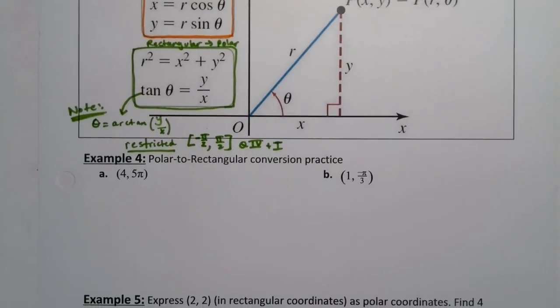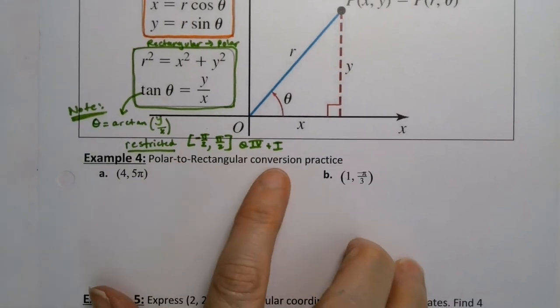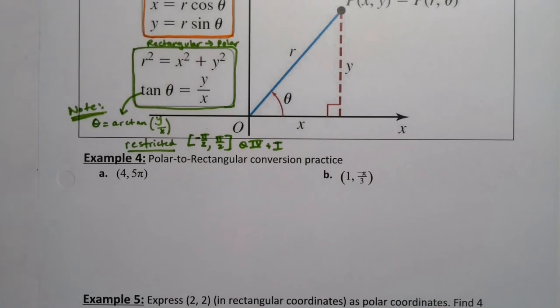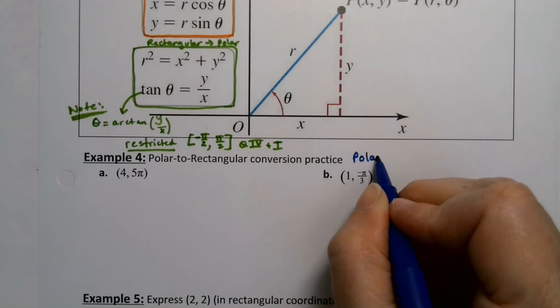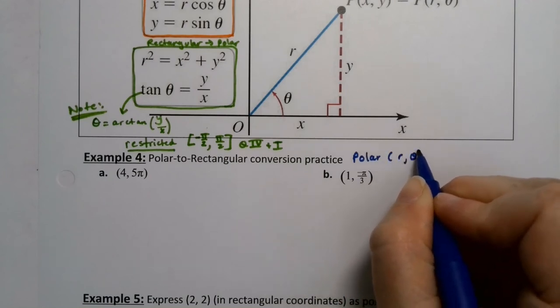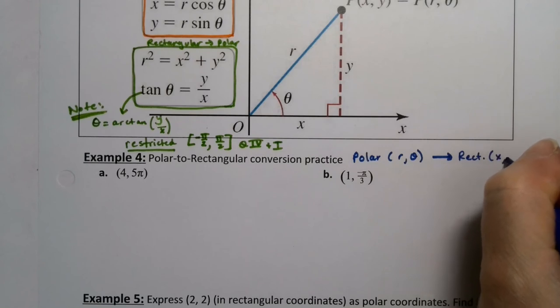Let's see an example. So polar to rectangular conversion practice. Because this is polar to rectangular, that implies that these are polar. So I want to take a polar point, which is r comma theta, and I want to convert it into a rectangular point, which is x comma y.